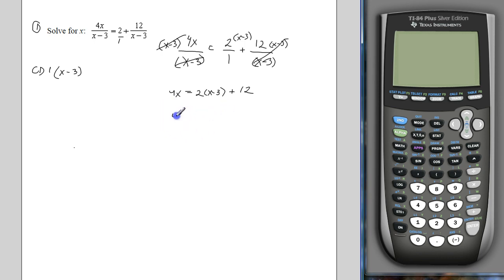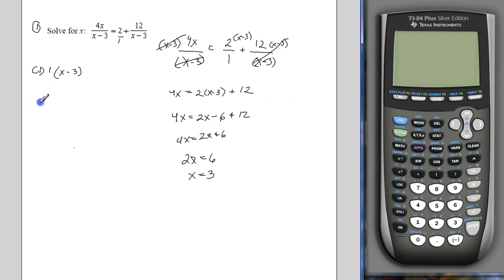So I'm going to distribute and solve it. So I get x equals 3.